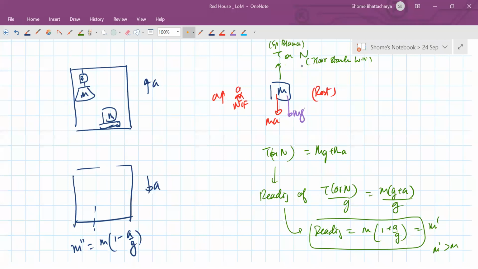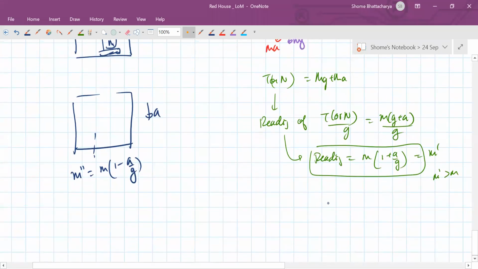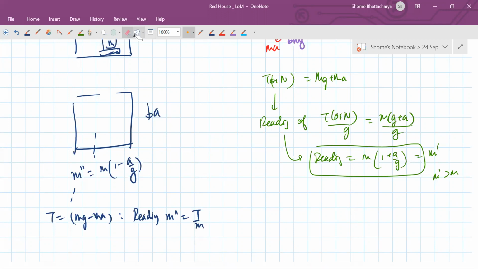The reading will be in terms of mass. See what is happening in either case: it's measuring the tension or normal reaction. In this case the tension or normal reaction is mg minus ma. So the reading, let's say m double prime, is going to be that tension divided by g, because it's showing you the force but in units of kg.